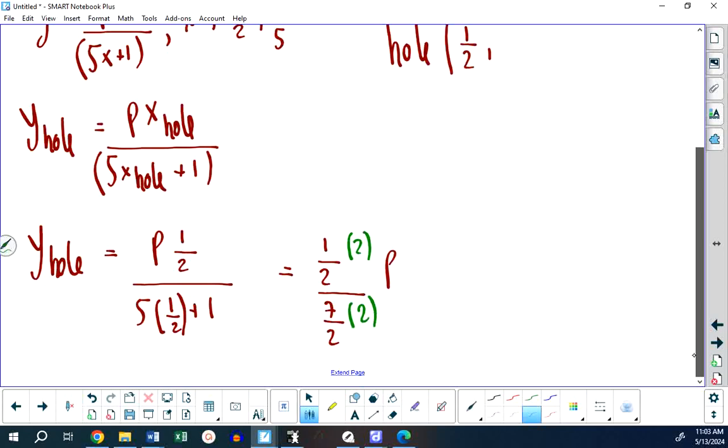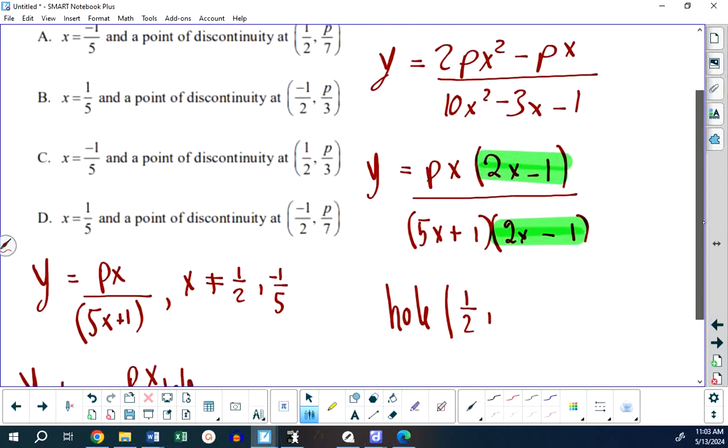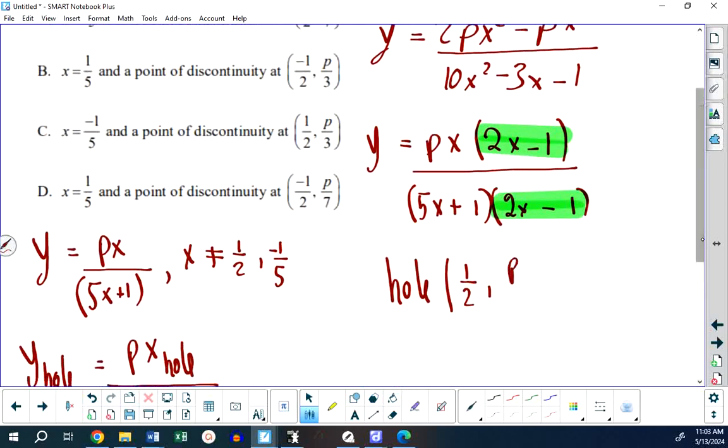You're getting the answer. So what happens then, and I don't like working left to right, but in this case, I'm going to anyway. I'm getting a p on the top and a 7 on the bottom, which tells me that the hole is at p over 7 for y.